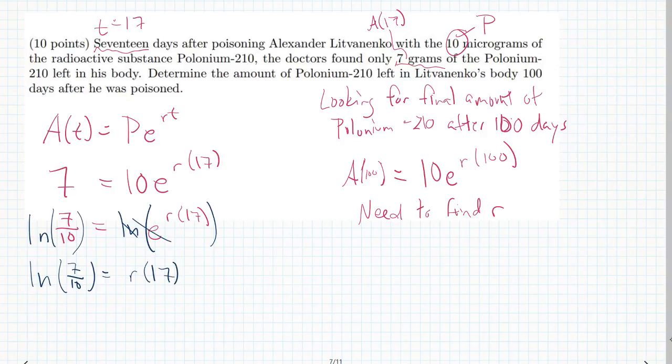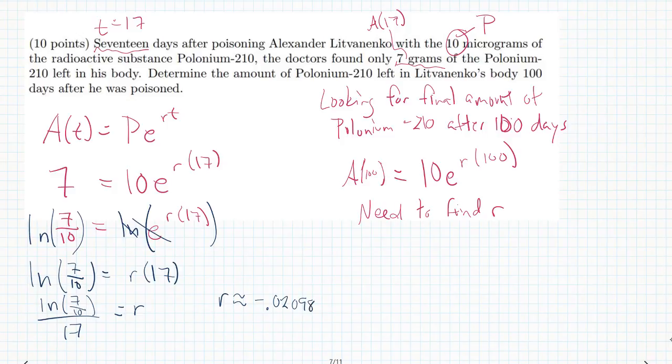We're solving for R, so we get R equals natural log of 7/10 divided by 17. Now, you might be concerned at first because you get R is approximately, let's say, negative 0.02098.